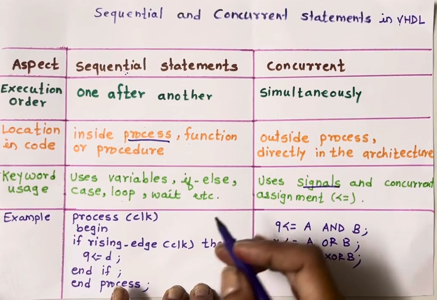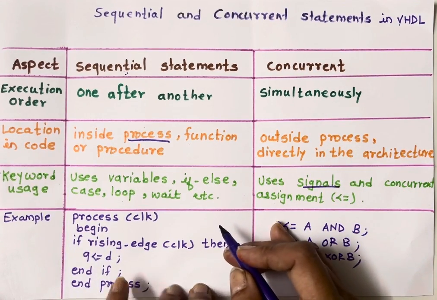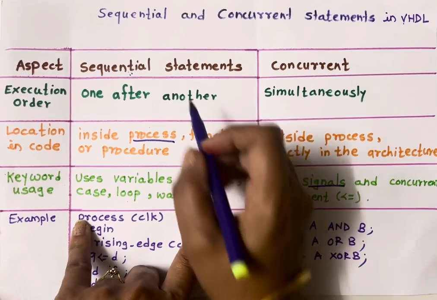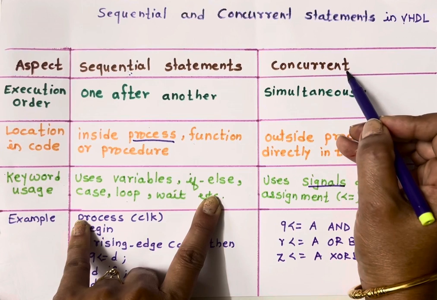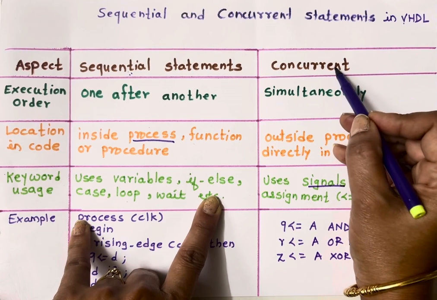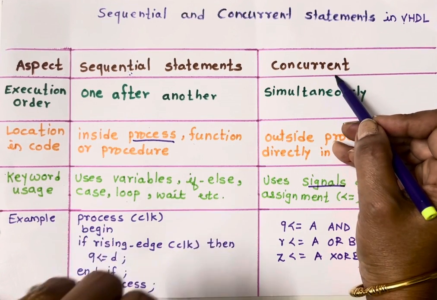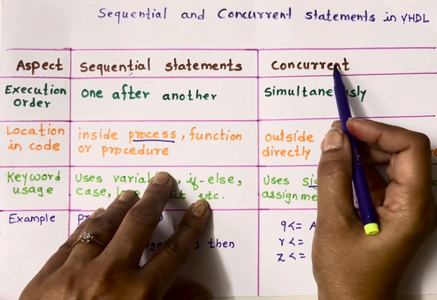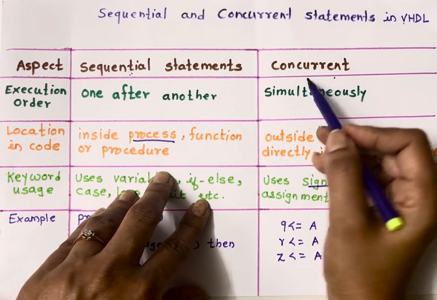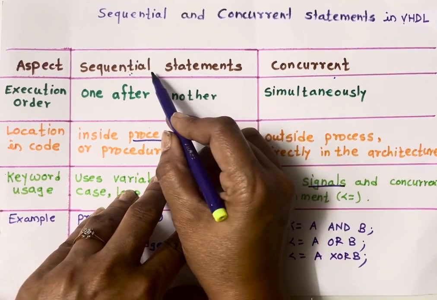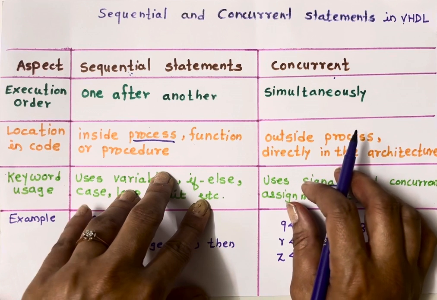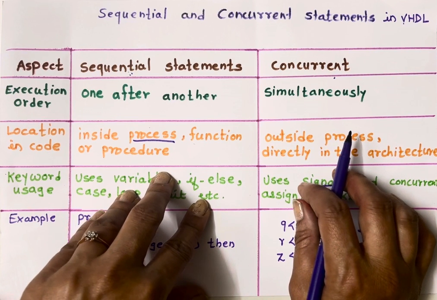So you need to remember, whenever we write code for sequential circuits, we use sequential statements, and whenever we write code for combinational circuits, we use concurrent statements. One more thing is, we generally use concurrent statements in data flow modeling and sequential statements in behavioral modeling. So it's all about sequential and concurrent statements.